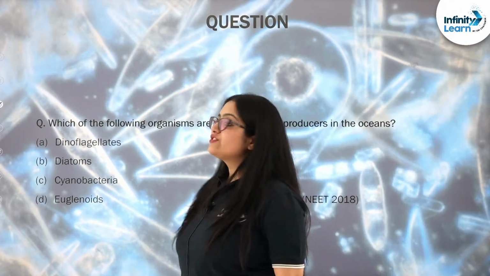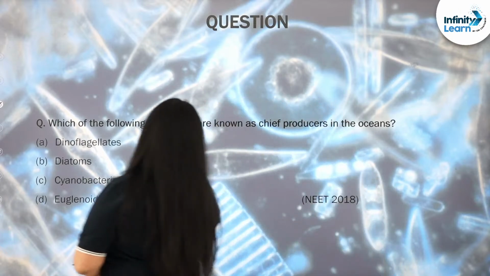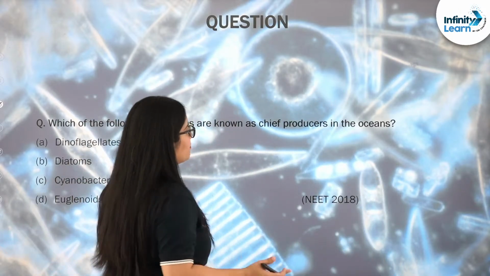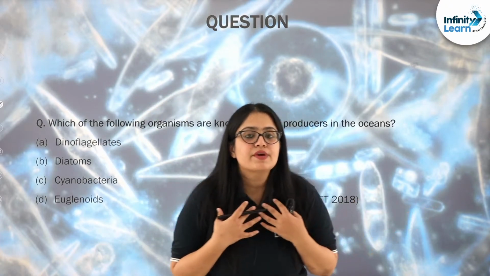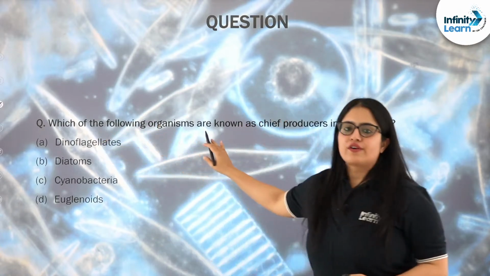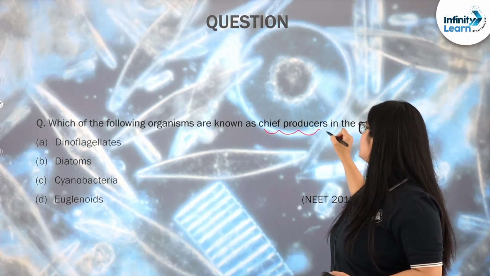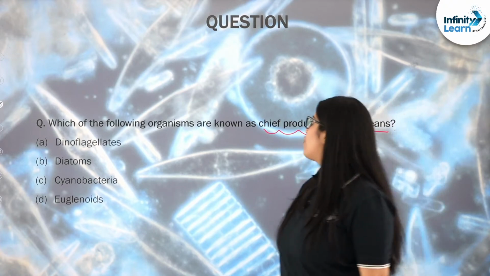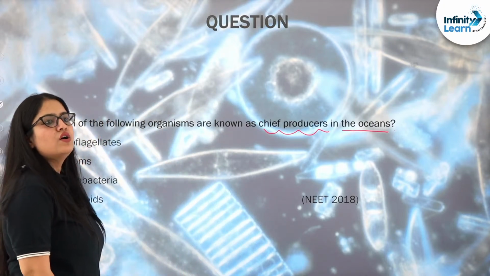If the question is not visible to you, because of reflection you might not be able to see that, so I am here reading the question for you. The question is, which of the following organisms are known as chief producers in the ocean?